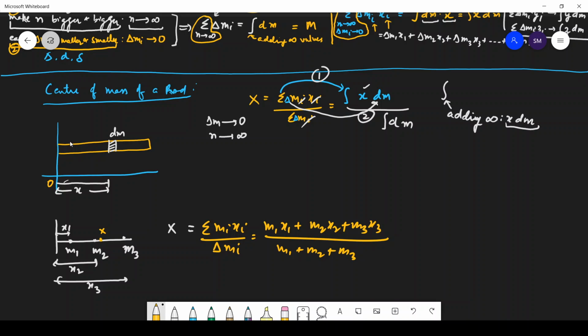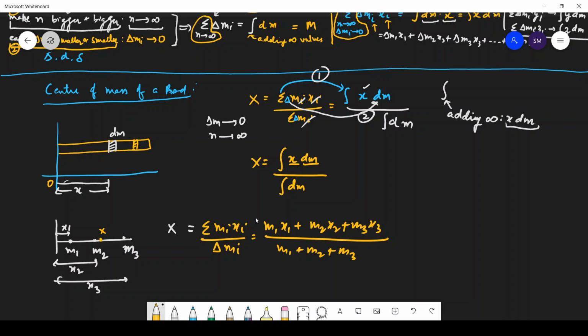But now here you have this small dm and it is at a distance x. So again there will be another mass and it will again be at some distance. So instead of writing them separately, now you are writing x dm, means take any element dm which is at a distance x and add all of them, divided by the sum of all the masses.